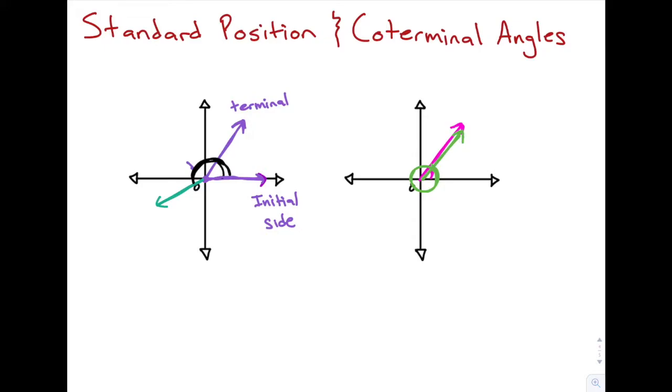So in standard position, we start on the positive x-axis and then rotate counterclockwise around. Coterminal angles are like what we discussed when we were looking at the unit circle, when we have pi over 4 and 9 pi over 4. Those land us at the same terminal points. So terminal, coterminal, that should make you think in the same direction for what these mean.